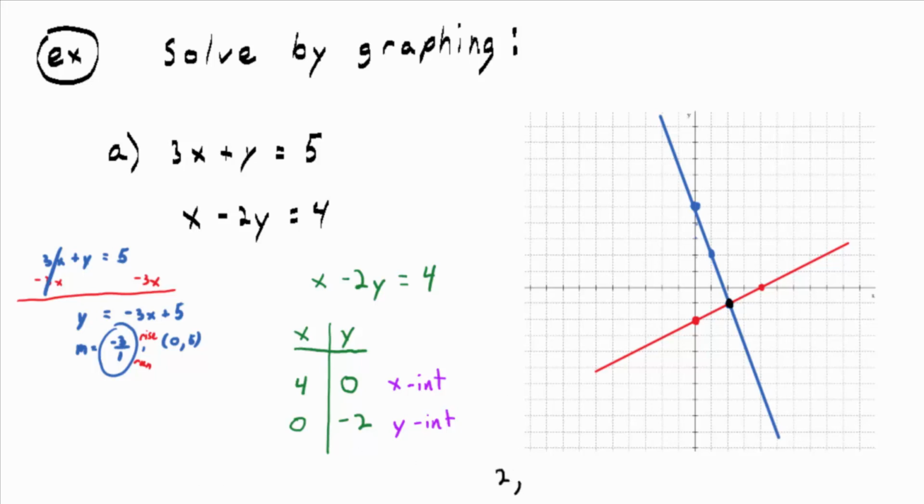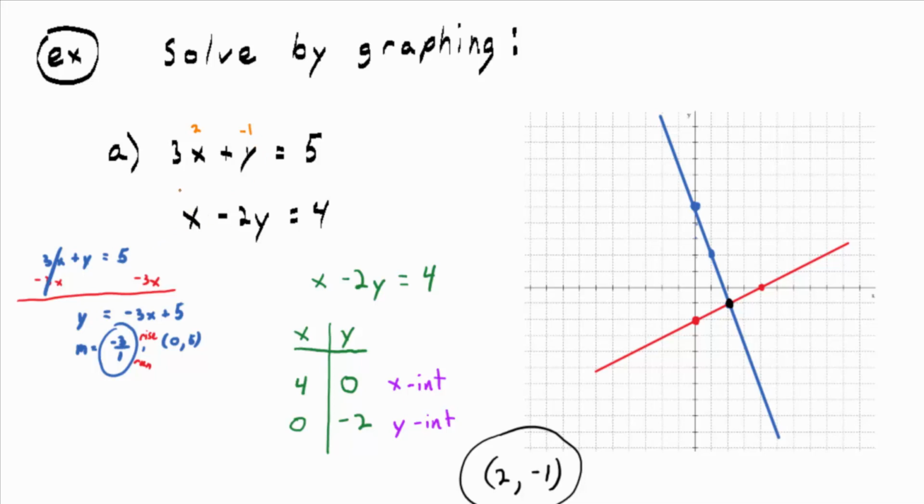Now, can you check that? I'm pretty confident with that because I used graph paper and I simulated a straight edge, so I'm pretty confident with that answer. But yeah, you can check it, right? Just check it mentally. So if you plug a 2 in for x here and a negative 1 here, when you do the arithmetic, do you get 5? Yeah, 3 times 2 minus 1 is 5.